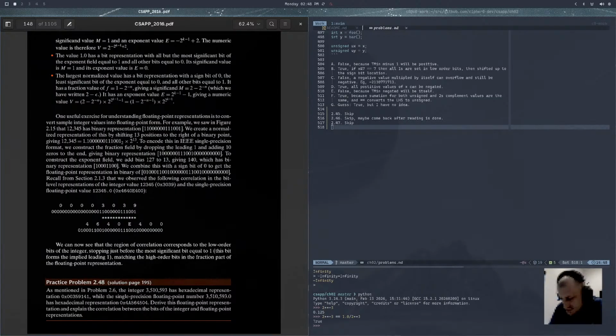One useful exercise for understanding floating point representations is to convert sample integer values to floating point form. For example, we saw in figure 2.15 that 12345 has a binary representation. We create a normalized representation of this by shifting 13 bit positions to the right of the binary point.